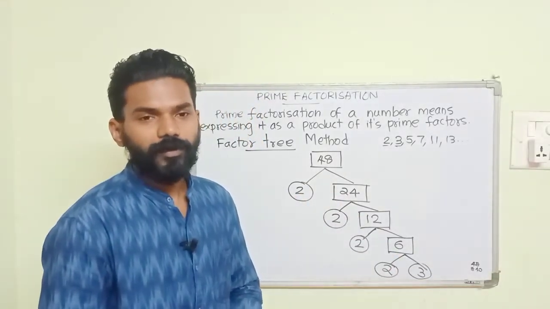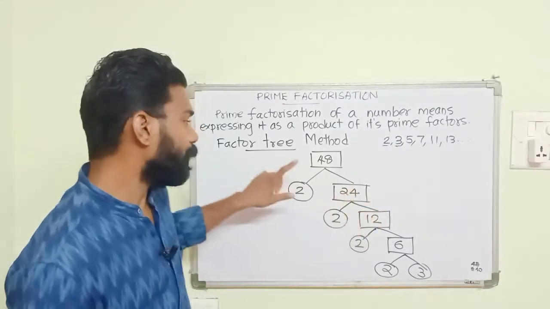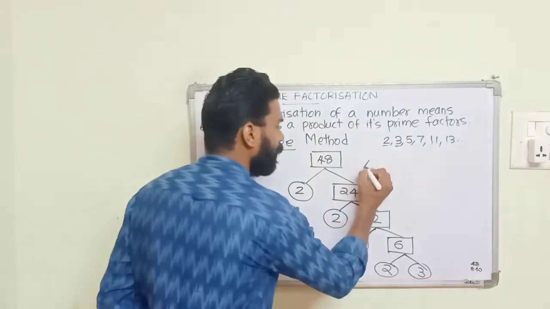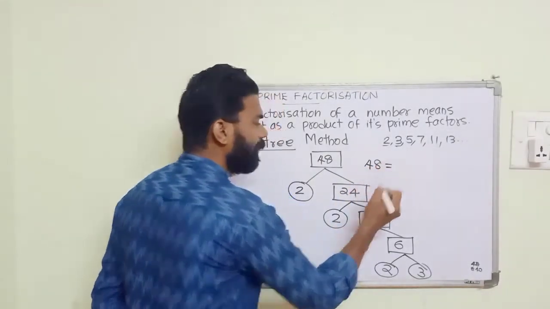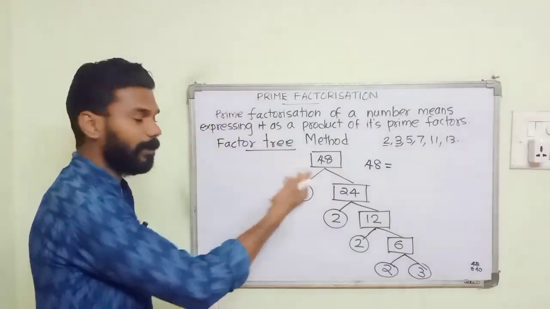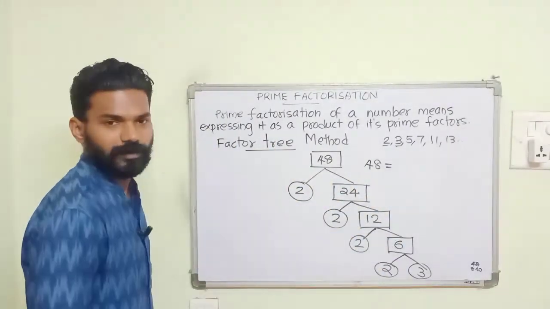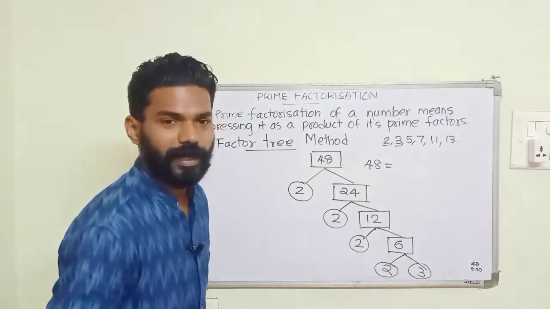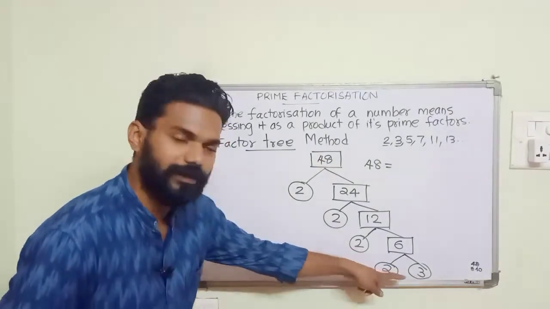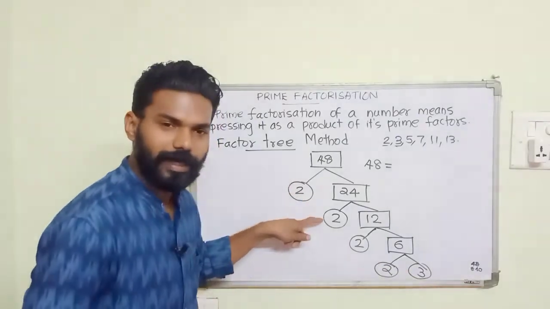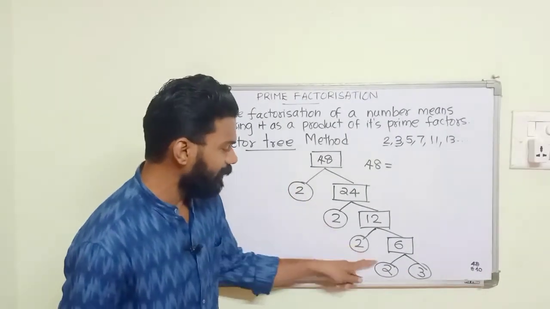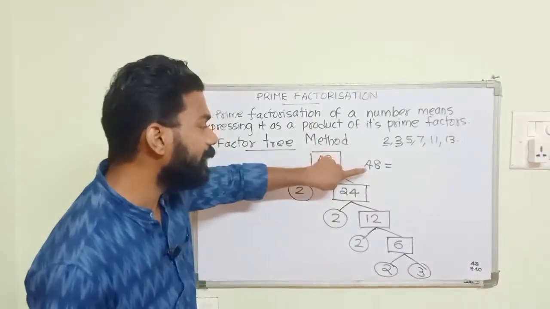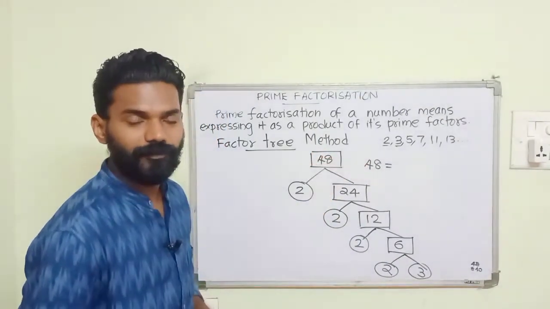Now we are going to write down the prime factorization for this 48, and it can be done by taking the product of all the prime factors. In order to identify the prime factors in a faster manner, we have already rounded them. So we just write the product of all these numbers inside the circles, so that we get the prime factorization of 48.